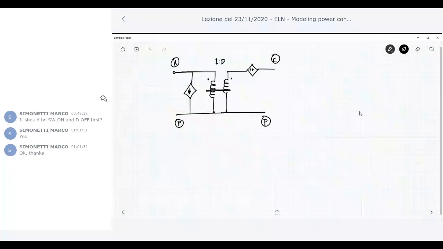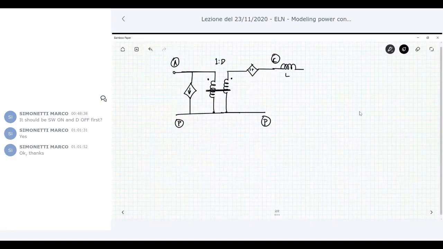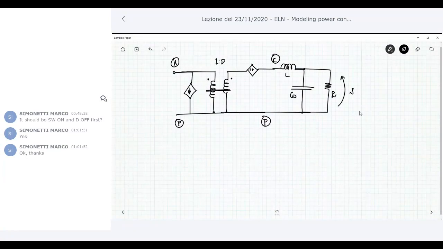Then we have the output capacitor C0 and the output load R. We are talking about the small signal AC model, so the quantities are just small signal quantities. So this is V0 hat. The current here is IC hat. The voltage here is called VCP hat. This is L. Okay, L is already there.